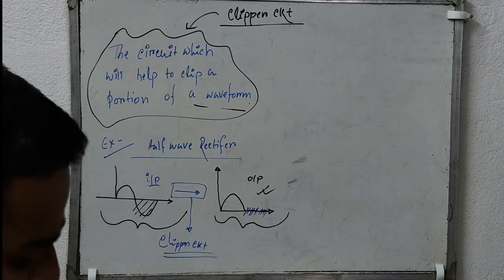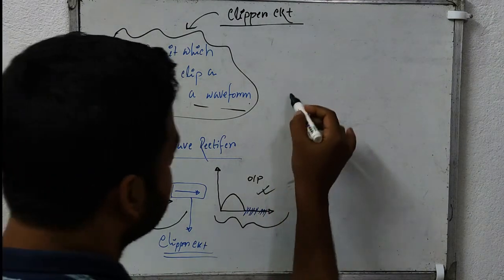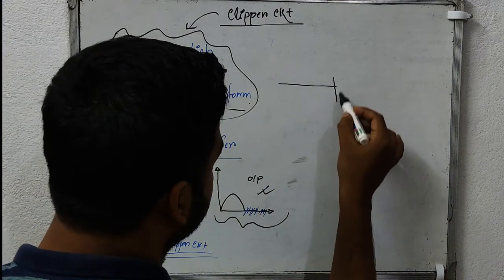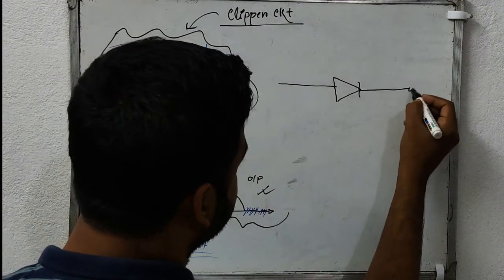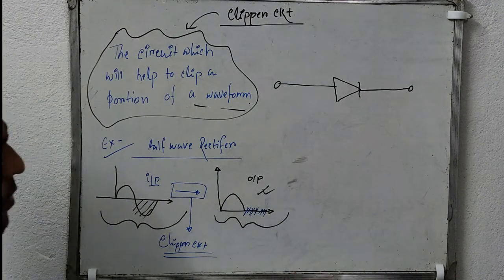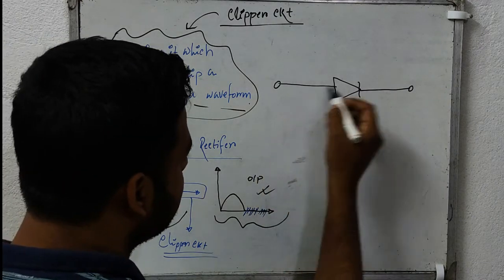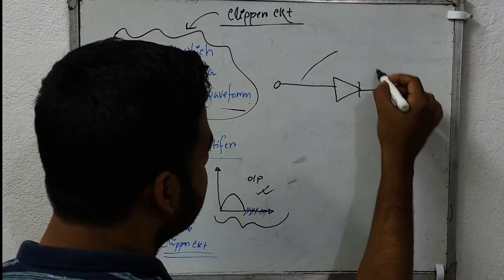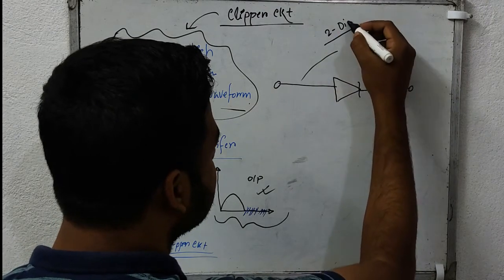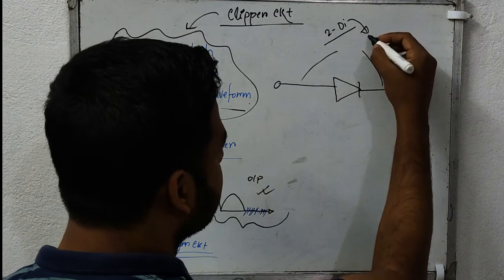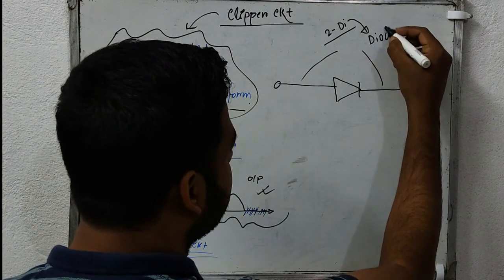So let me define a diode. Do you know about the diode? A diode looks like this. Why is this called a diode? As you can see, there are two terminals, and di means two, so it has two terminals. That's why it's called a diode.